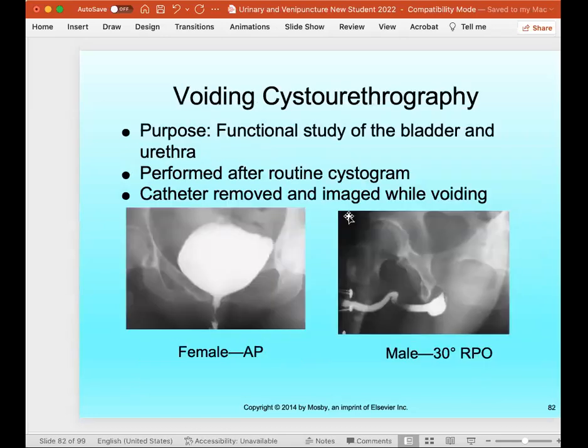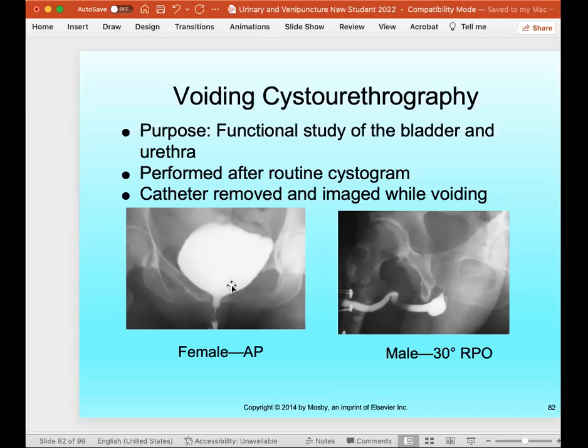We do have what's called a voiding cystourethrogram. Once we've injected the contrast media into the bladder, we want to watch the patient void under fluoroscopy to make sure that everything is flowing out properly and that we don't see any reflux going back up into the kidneys, which can be the cause of a urinary tract infection.